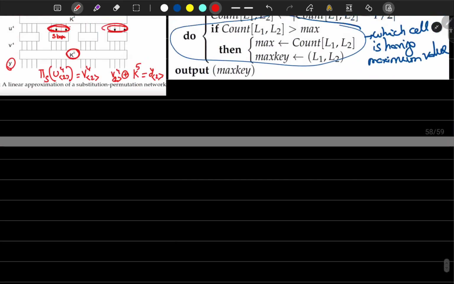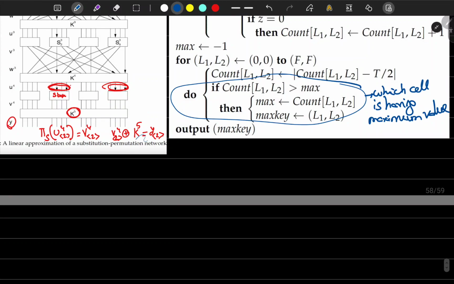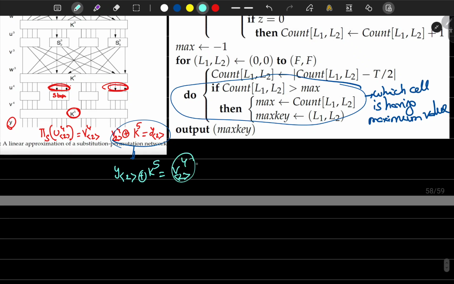Okay, now just do it in a reverse way. Means from this, what can I write? Tell me. y2 can I write like this, v2 4, and what is the v2 4? v2 4 can be written by just applying the pi inverse. So u2 4 equals v2 4.